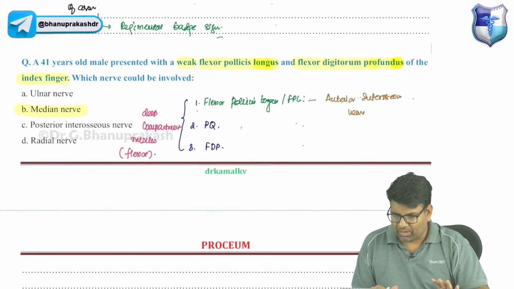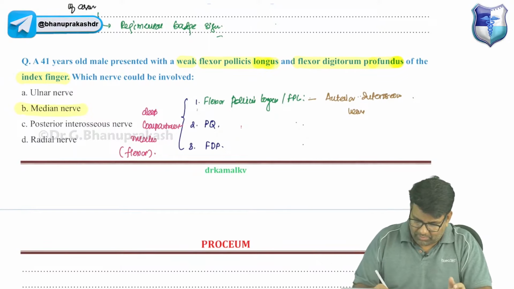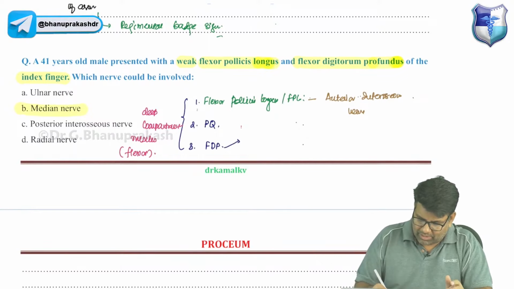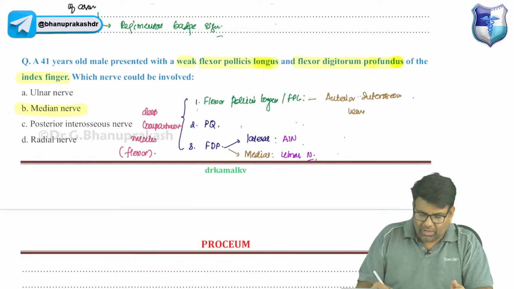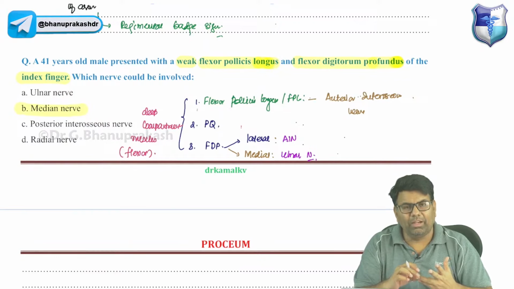That's perfect, right? And as rightly said, FDP has two parts, the lateral part and the medial part. Lateral part is actually AIN and medial part is ulnar nerve, right? So lateral part will supply the index finger and the middle finger, and medial part will supply the ring finger and the little finger.